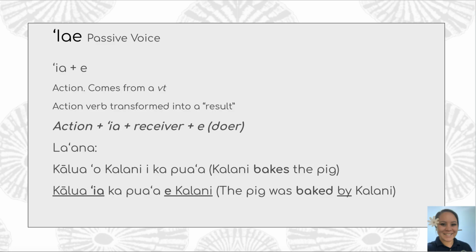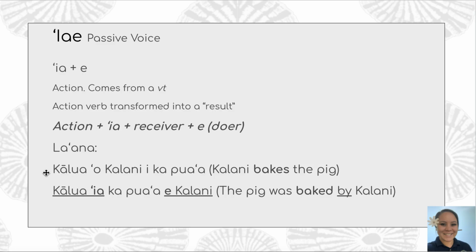They are action verbs transformed into a result. So you can think of this sentence structure beginning with the action, and then the ia, plus receiver, plus e, and then the doer. So crucial: ia and e you will see in every sentence.